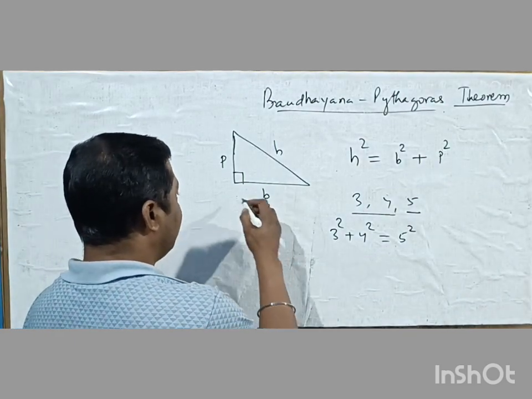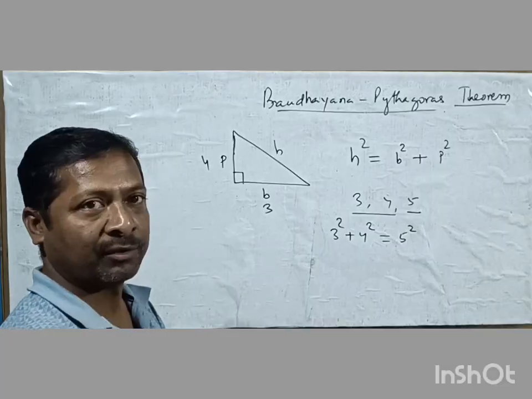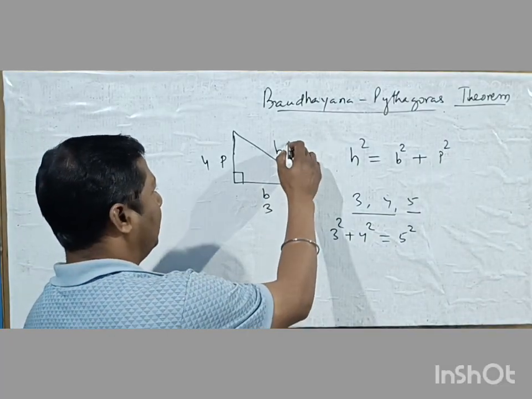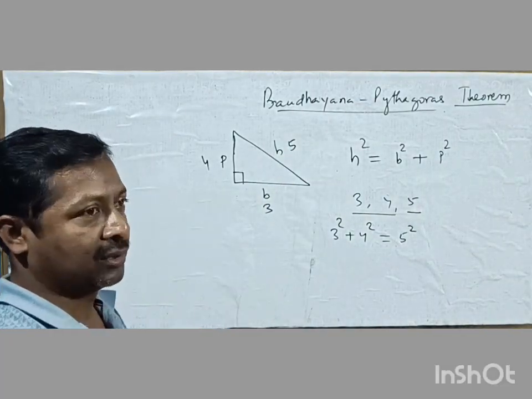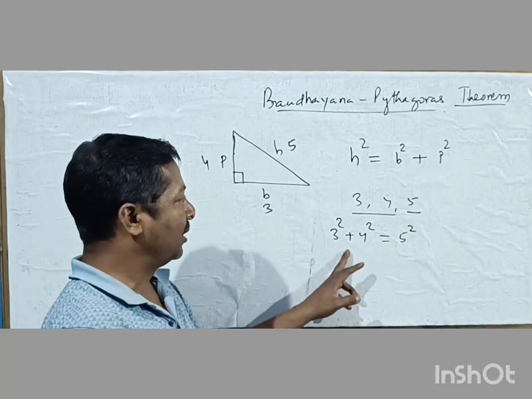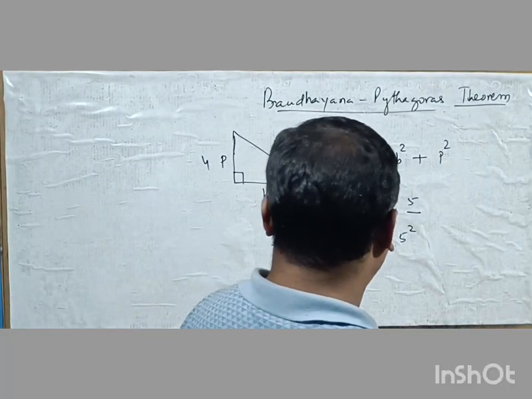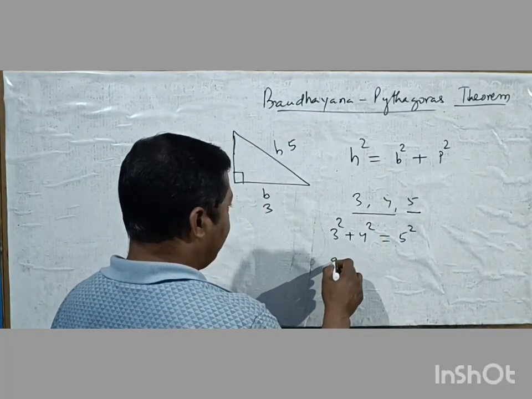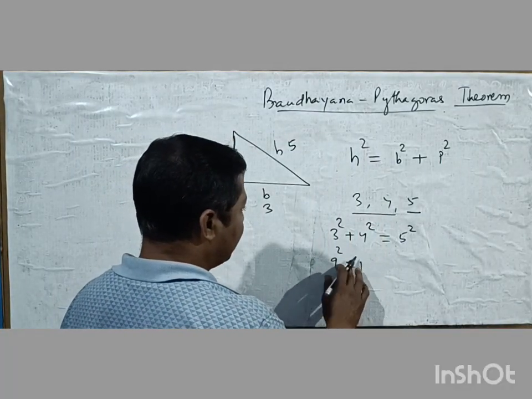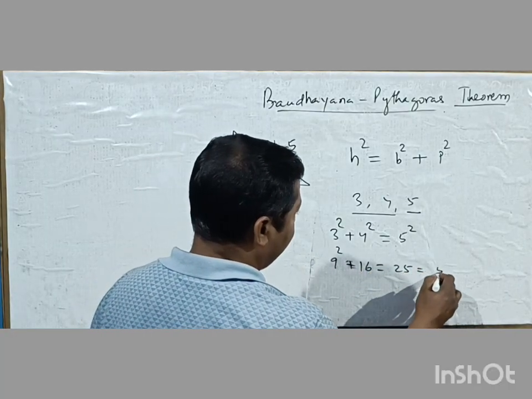If base is 3 cm or 3 units and perpendicular is 4 cm or 4 units, then the hypotenuse will be 5 units. Okay, 3 square is 9, 4 square is 16, which will be equal to 25, that is 5 square.